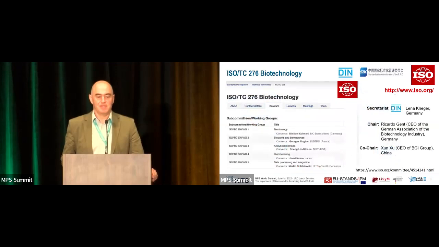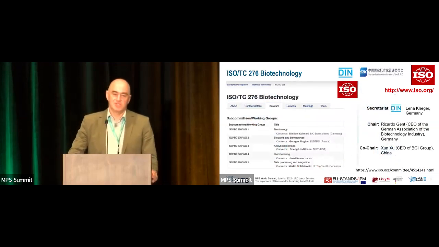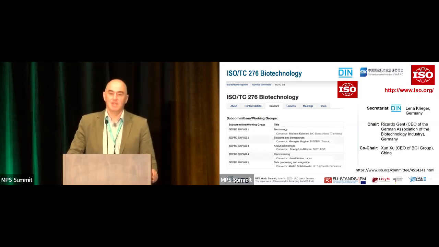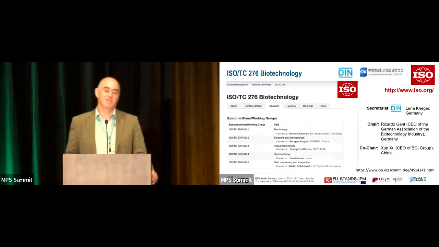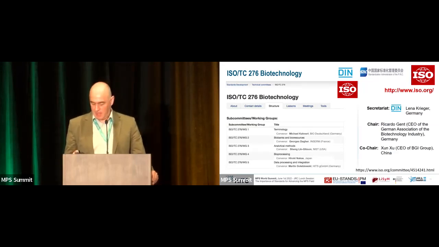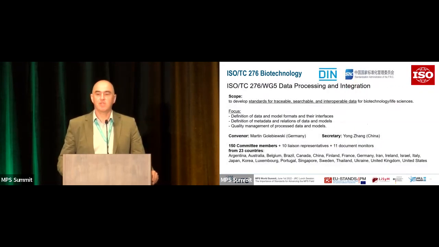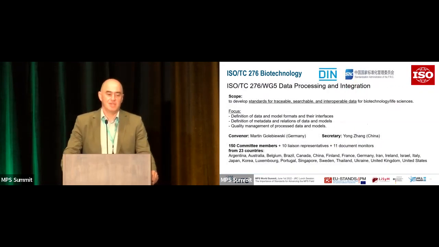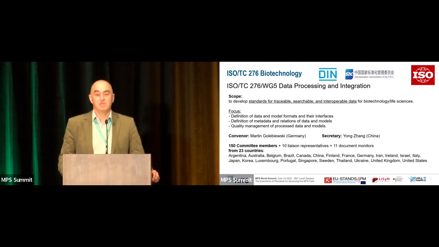That is also reflected by the composition of this committee, with 5 working groups that deal with these different aspects. As I mentioned, I lead working group 5, data processing and integration, of this ISO technical committee. In this working group, we define standards for traceable, searchable, and interoperable data for biotechnology and the life sciences.